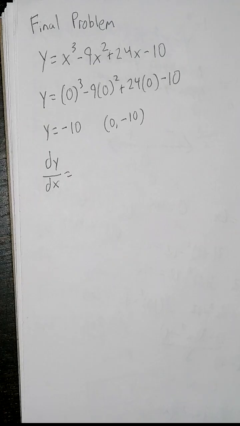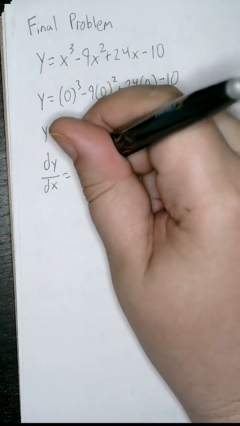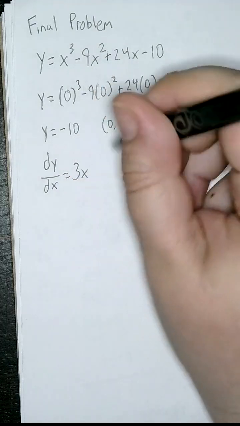You're almost right, Charles, you're just missing something. Mohammed says 3x squared minus 18x plus 24. There you go, Charles, that's right. So take my exponent, move it out front, multiply by 1. X to the 3 minus 1 is 2.